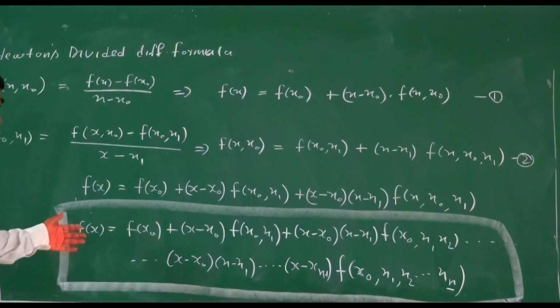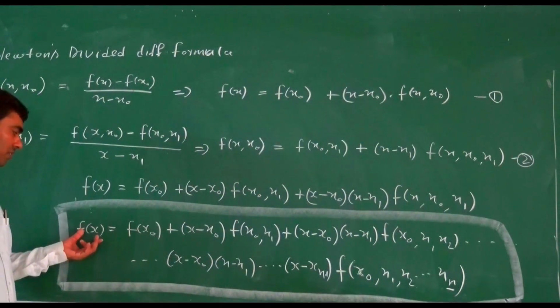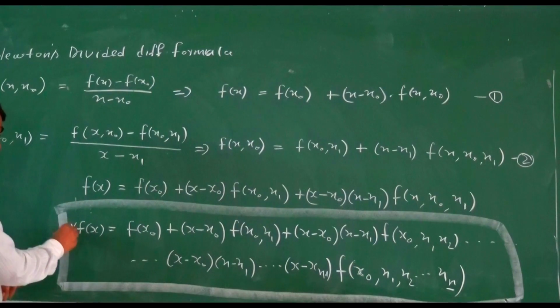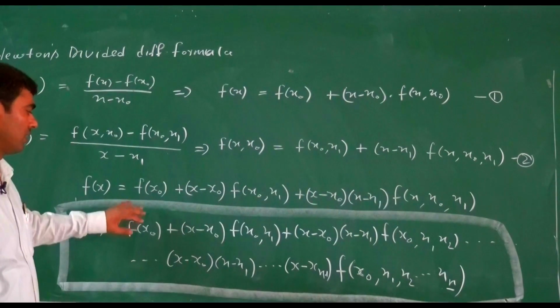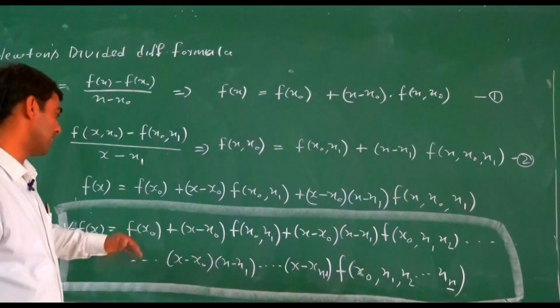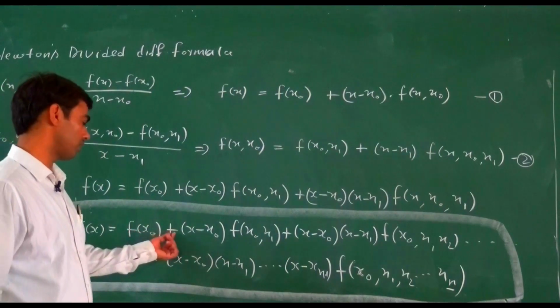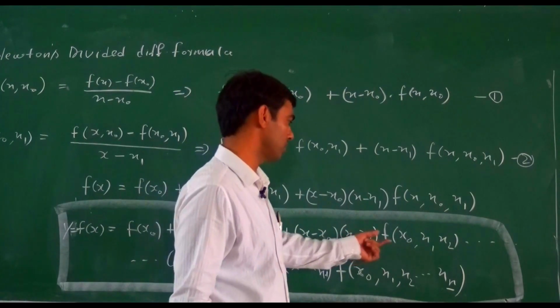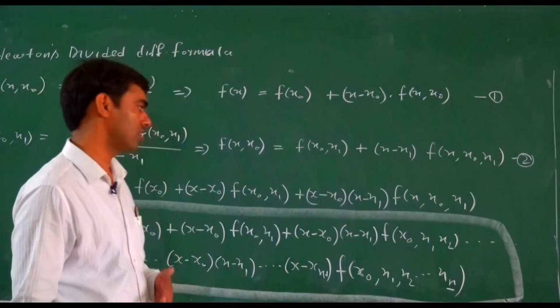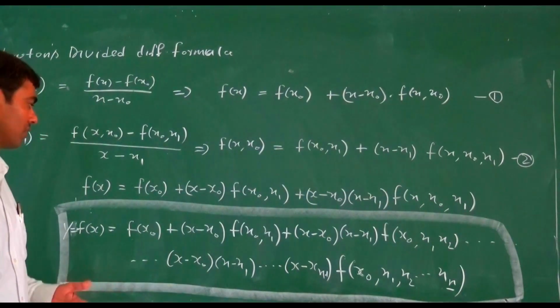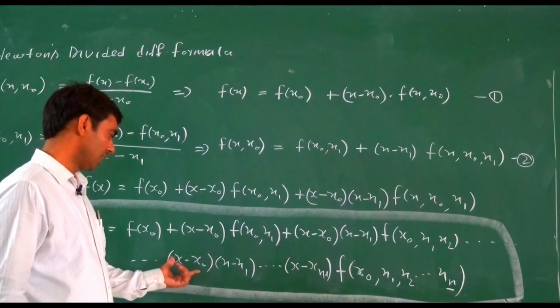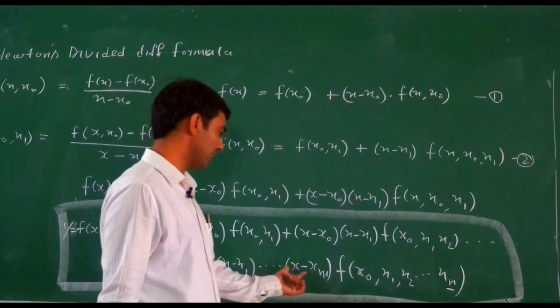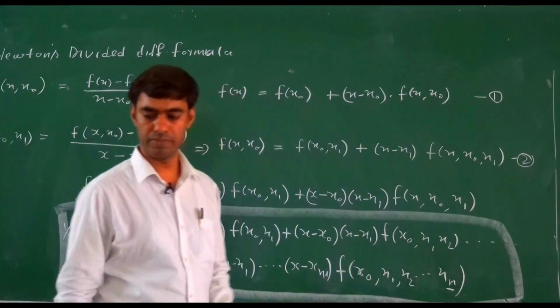To solve a numerical example, there is a need to remember this formula, so it becomes very easy to remember. f of x, we also write y, equals the 0th order divided difference, that is function f of x0, plus x minus x0 first order divided difference, plus x minus x0 x minus x1 second order divided difference, plus x minus x0 x minus x1 x minus x2 third order divided difference, similarly up to x minus x0 x minus x1 up to x minus xn minus 1 nth order divided difference.